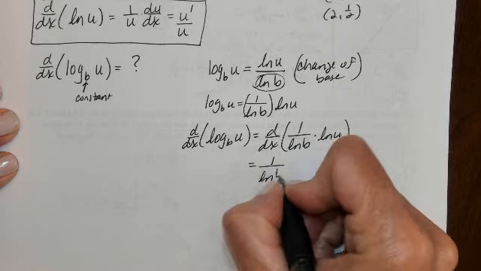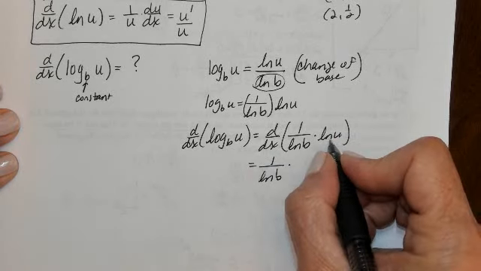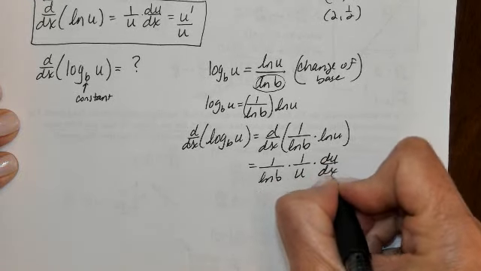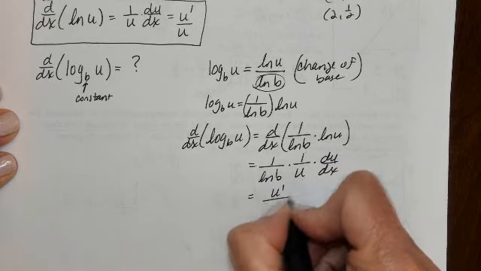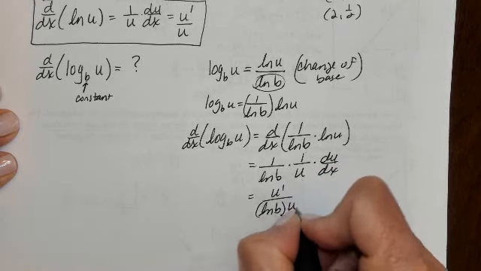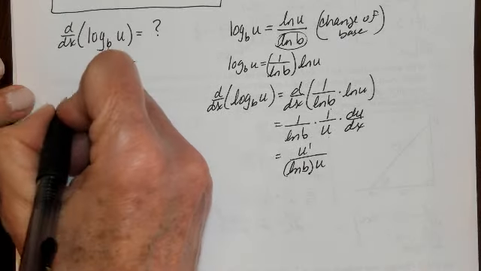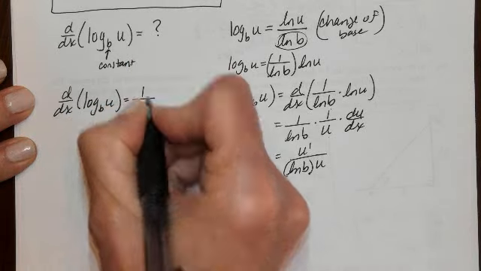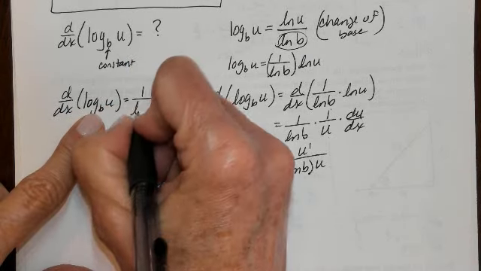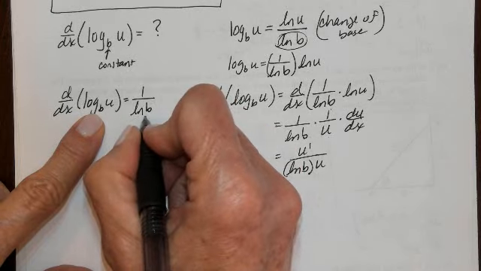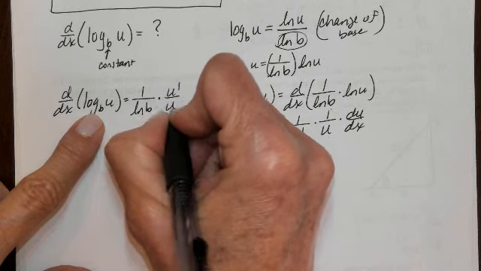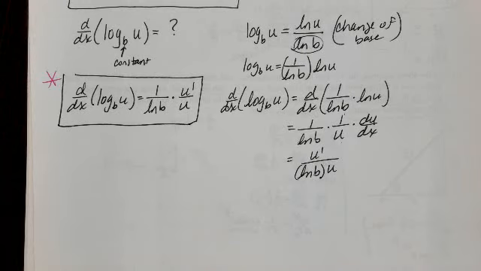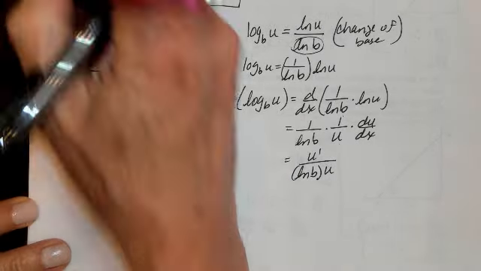So it's 1 over ln b times the derivative of ln u, 1 over u du dx, or u prime over u. Okay, so how I remember this: if it's not ln, I know I need to fix it. I need to make it 1 over ln of whatever the base is. And then u prime over u. That's how I remember it. Okay? So yeah, know all of these.